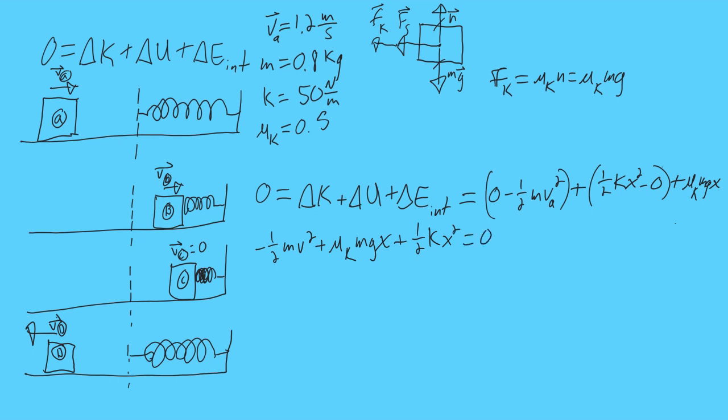Now, what they do is they multiply both sides by 2 over 2. So that means that this goes away, and this goes away, and then you put a 2 in front of here. And then they use the quadratic equation to solve for x.